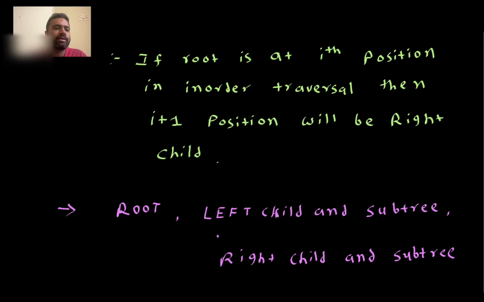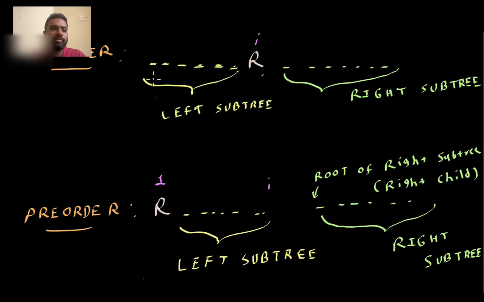So if some tree is there, some root you have identified, left child you could identify, right child you could identify, and the remaining part is still remaining. But in the remaining part, you have a sequence of Inorder traversal of left subtree, that is this part. You have a sequence of right subtree Inorder traversal, that is this part. Then you have a sequence of preorder traversal of a left subtree, and a sequence of preorder traversal of a right subtree.